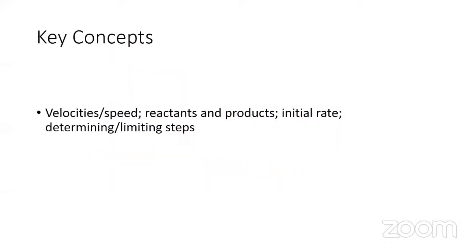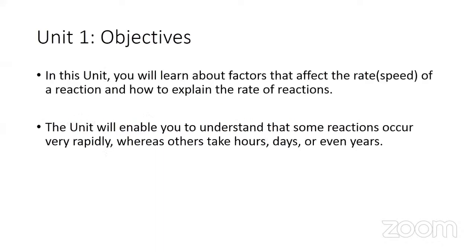I said that some of the key concepts that will be very common are velocity, speed or rate, reactants and products, and later initial rate and determining or limiting steps. These are things I will be talking about most of the time, which is why I referred to them as key concepts.